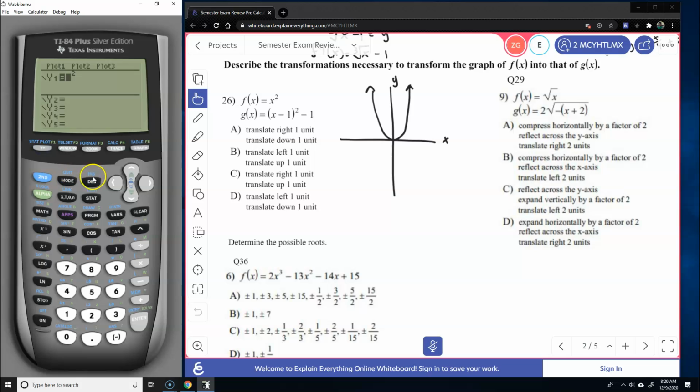So I'm going to go ahead and type in the equation (x minus 1) squared minus 1. And I do like this feature that the TI-84 has. So you can see the trace. It will actually trace it for you.